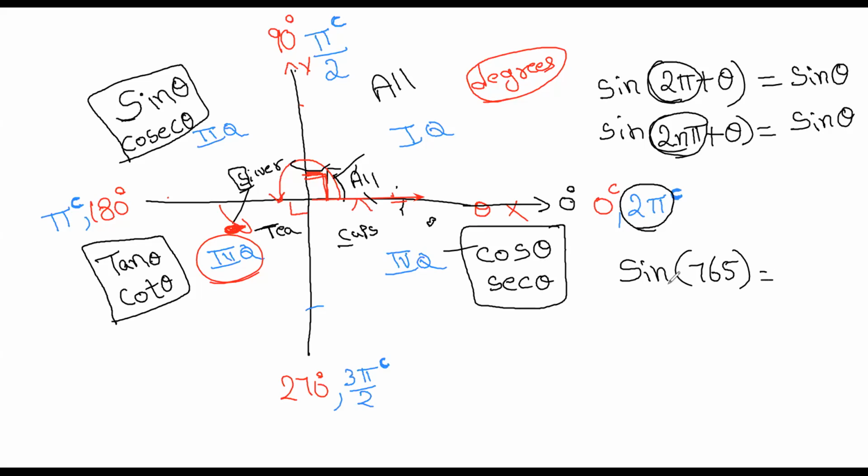So is it 1 by root 2? How did you get that? Because it'll be 2 times 2 pi, plus sine of 45. So that's nothing but sine 45, that is 1 by root 2.